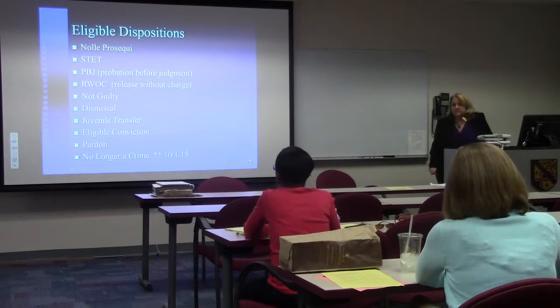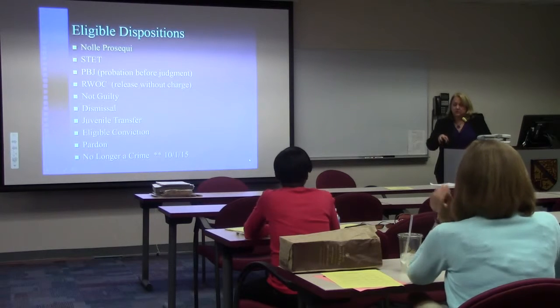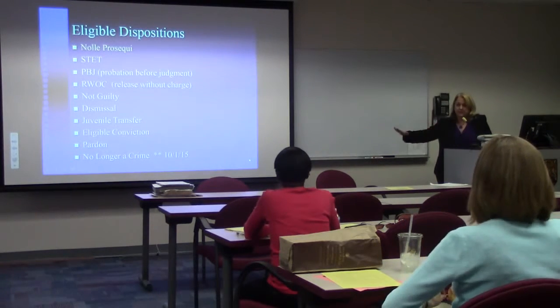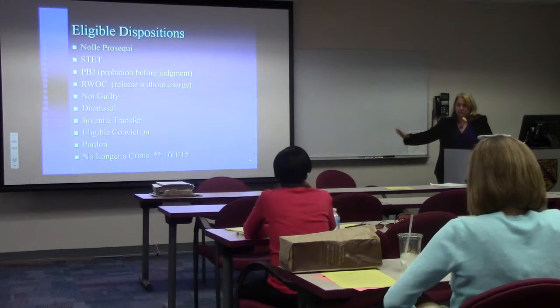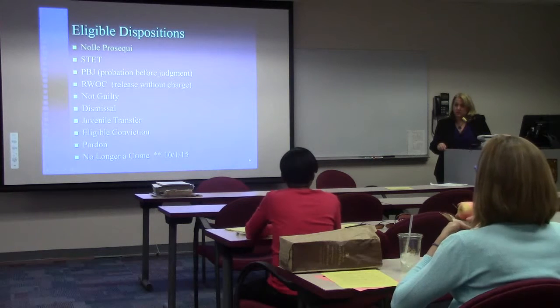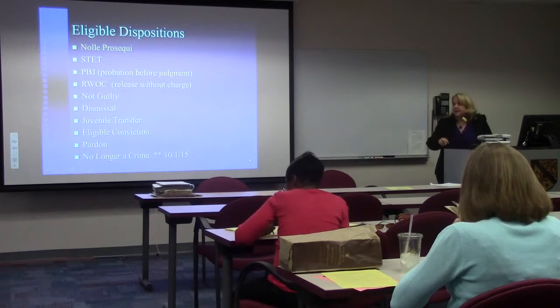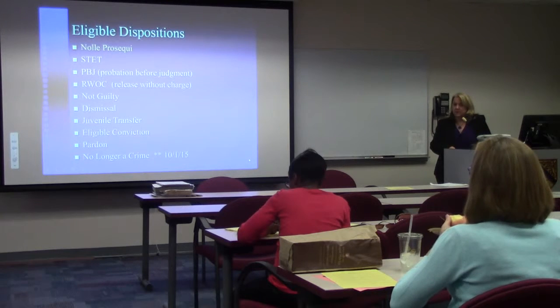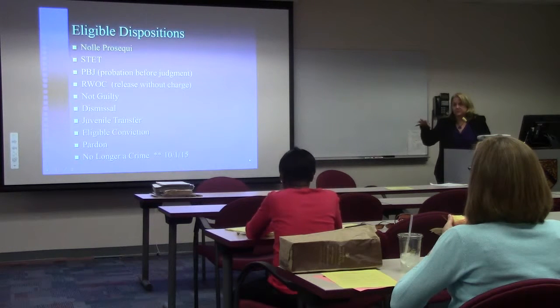A juvenile transfer, I'm not talking about a juvenile in the juvenile court. That's a whole separate proceeding that you file in the juvenile courts. What I'm talking about is a juvenile that's charged as an adult. In that case, a motion is filed to transfer it back to juvenile. If that motion is granted, the adult portion is eligible to be expunged.